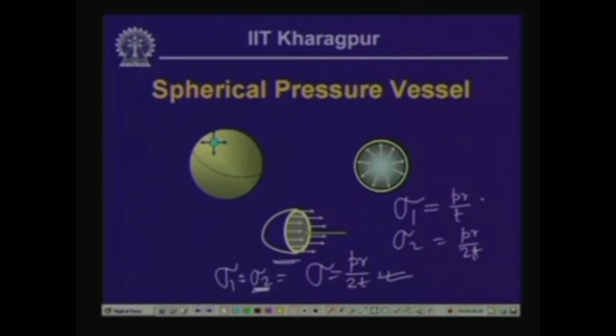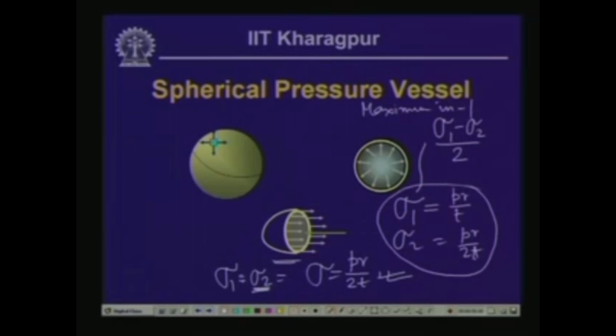Now, as we had seen in case of cylindrical vessel, the shear stress sigma 1 minus sigma 2 by 2 is the maximum in plane shear stress. This is the maximum in plane shear stress, and this is equal to sigma 1 minus sigma 2 by 2.